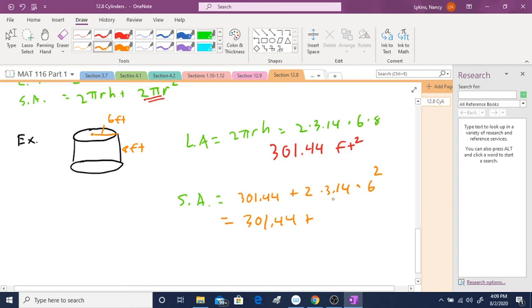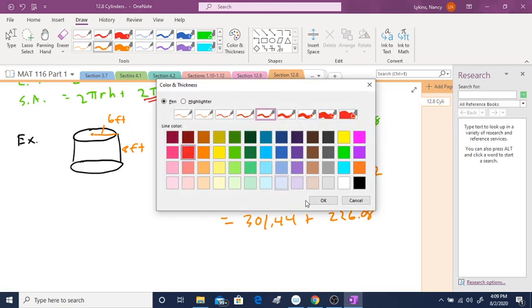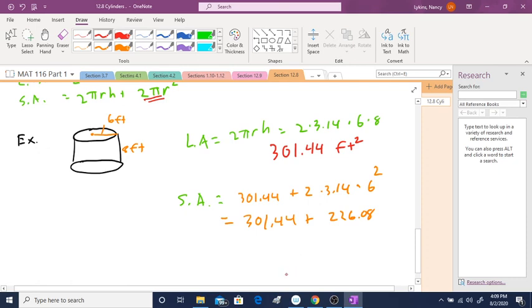So if I multiply 2 times pi times 36, you should get 226.08, and you add these both together, and you should get 527.52, and your unit is going to be feet squared. That's the total surface area.